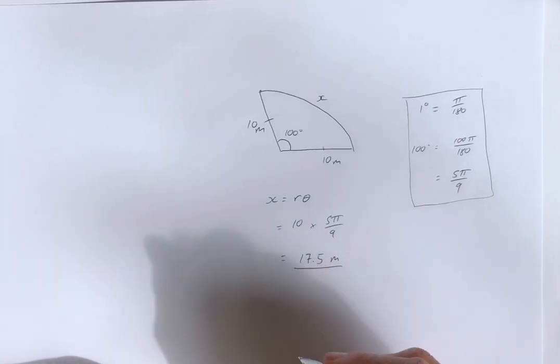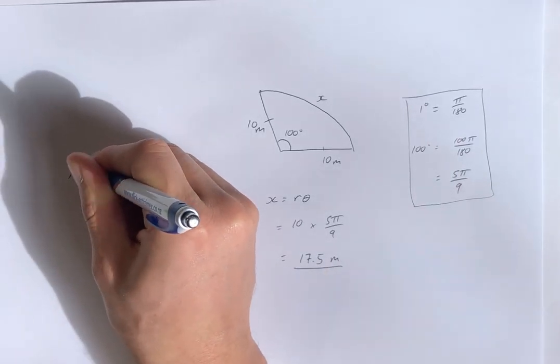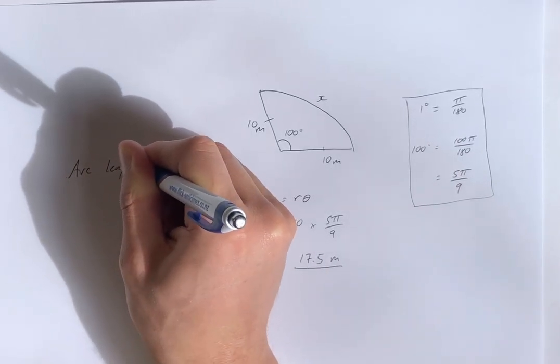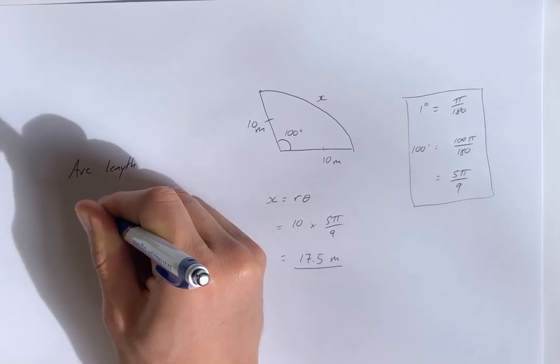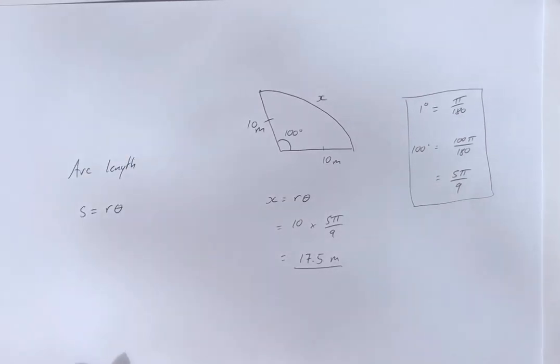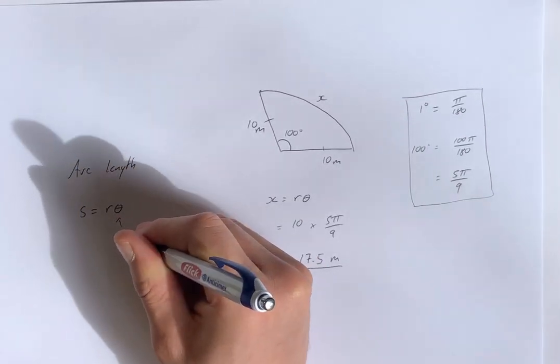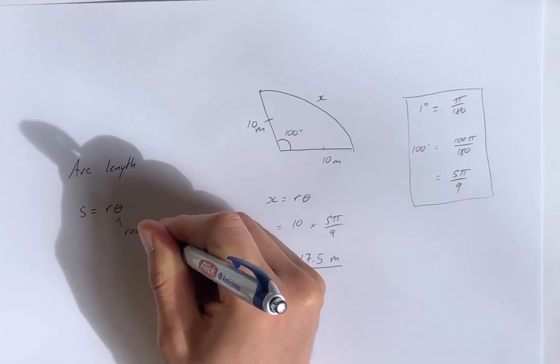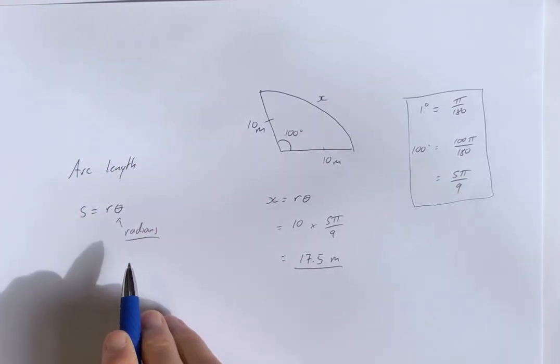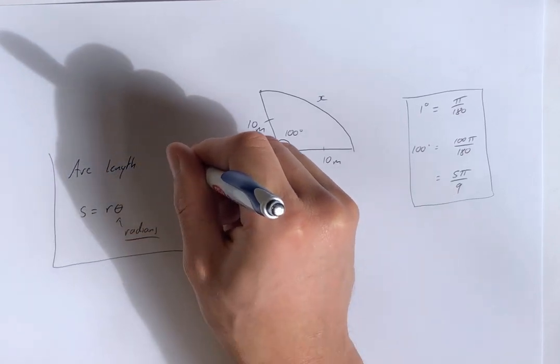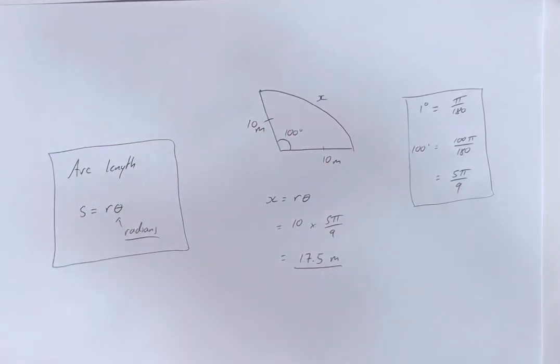And this formula, arc length, S equals r theta, note that that's radians, is one of the 7 formulas you will need for your internal.